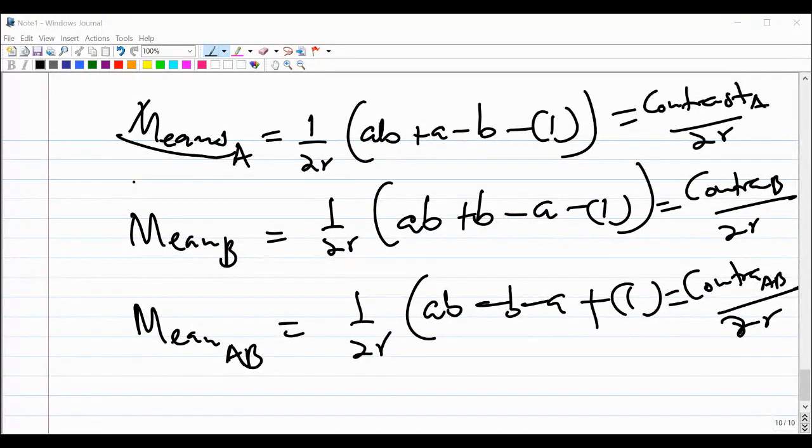So even with this type of question, it's possible that we can give you the means. You must know how to take it back to the original values by doing the multiplication rule. So please, guys, you have to understand how to do these things.